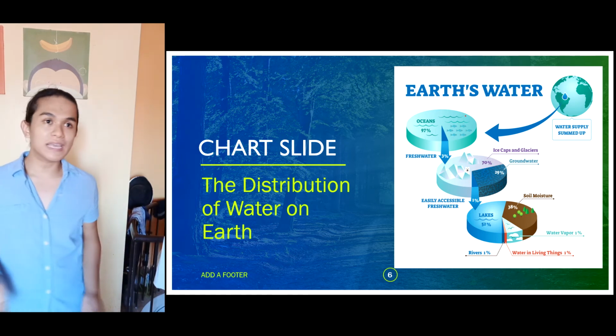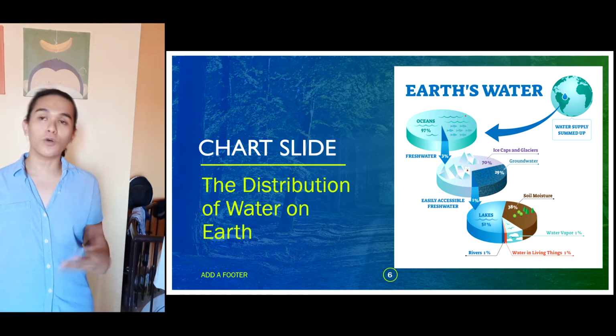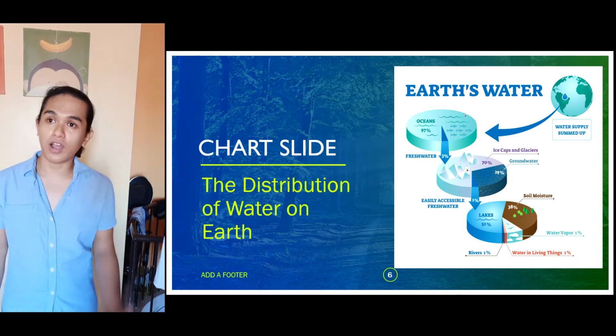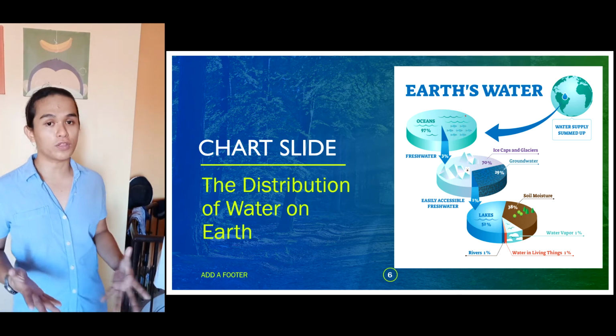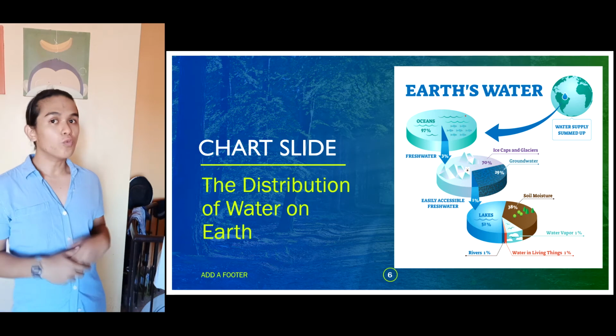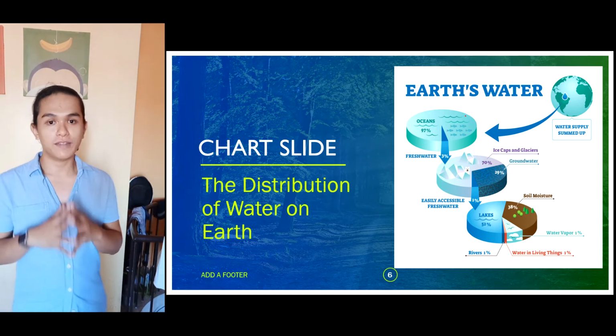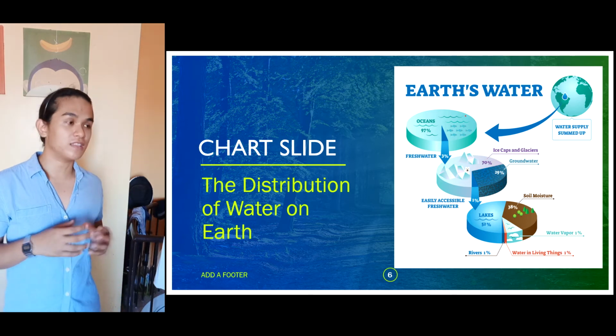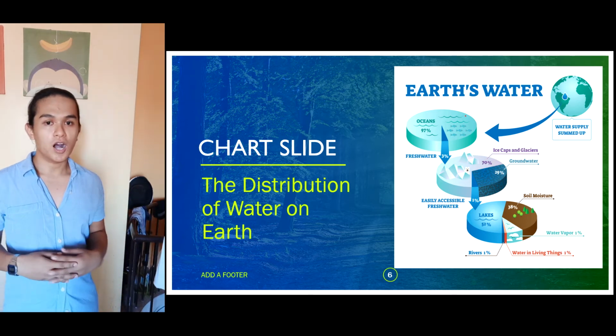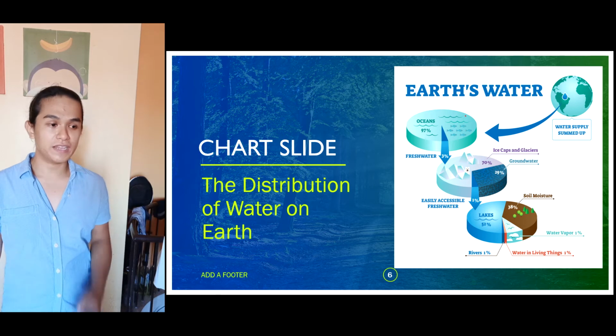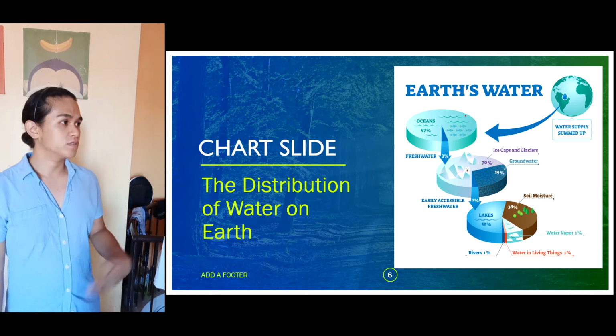So basically, the amount of salt water is very large compared to fresh water, and groundwater has a majority of that fresh water and is very useful for us humans in developing our water supply in our places.